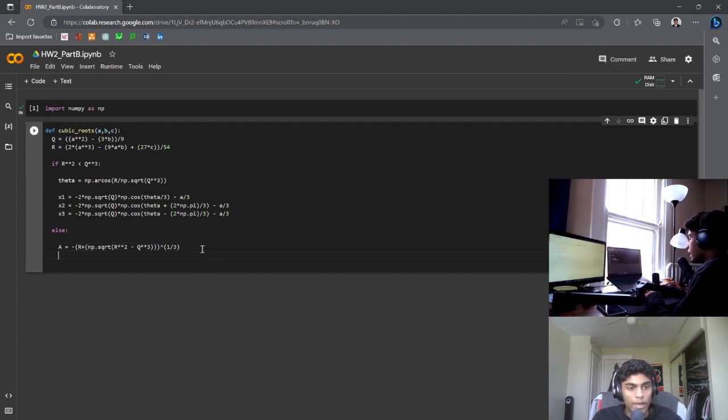So after that, we're going to have another nested if statement where if a is equal to 0, then b is also going to equal 0. So b is equal to 0.